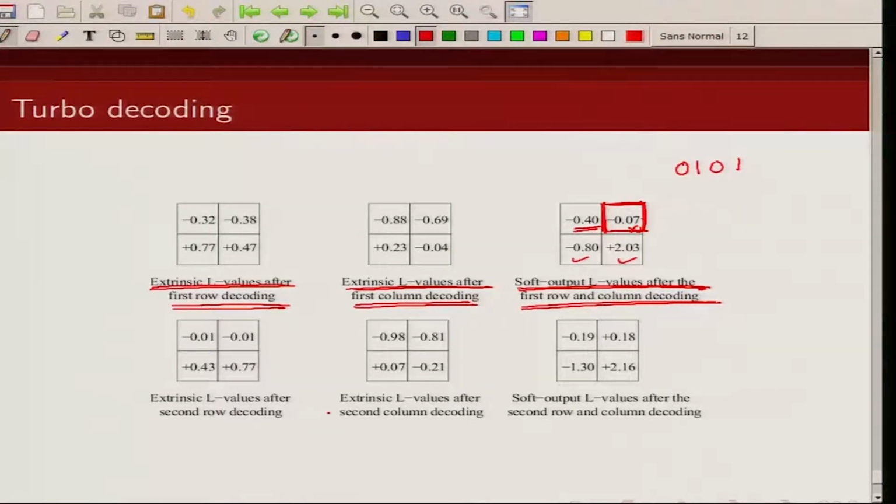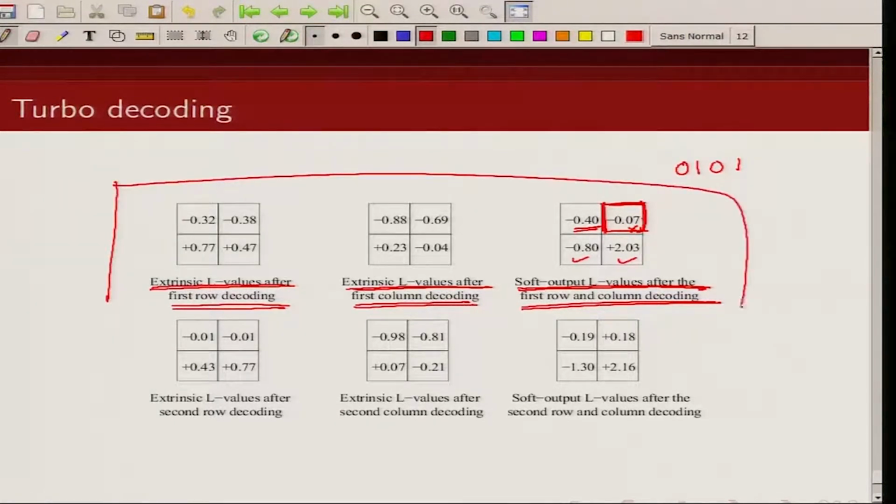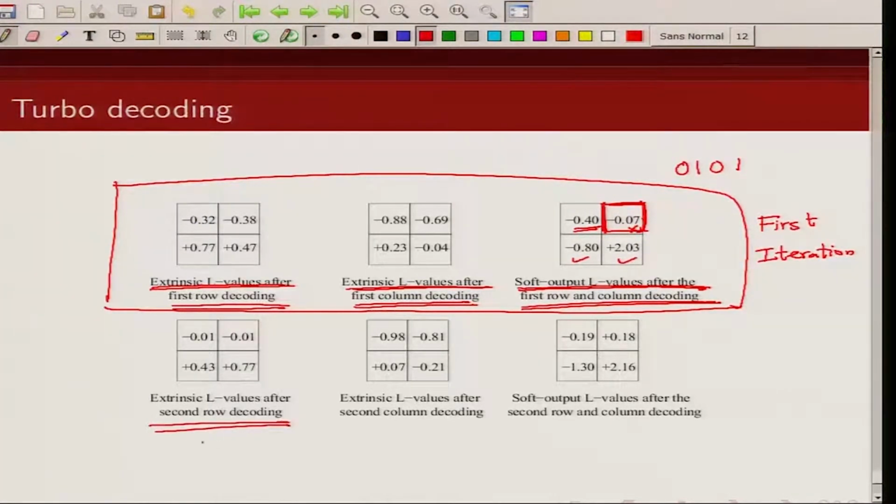So, this whole thing was my first iteration. Now, what about the second iteration? Again I first compute the extrinsic values. This is after I do decoder 1.